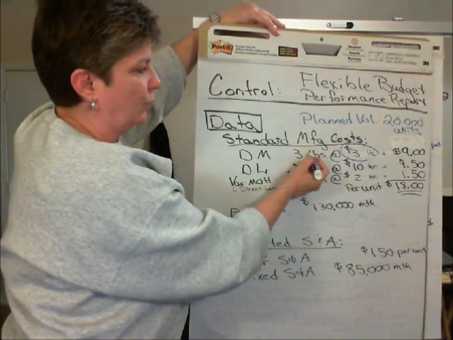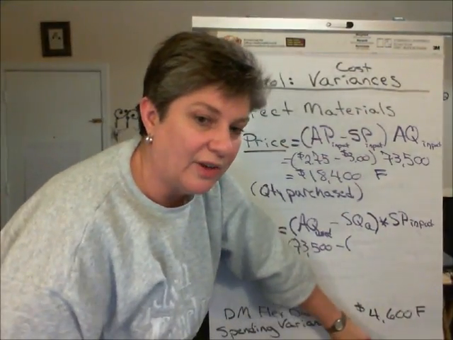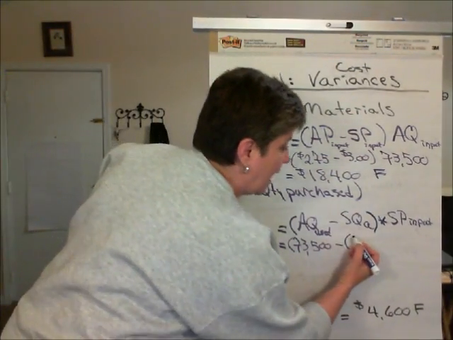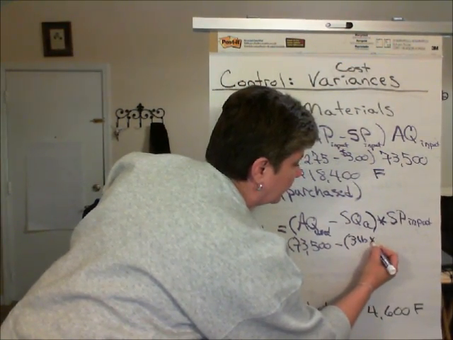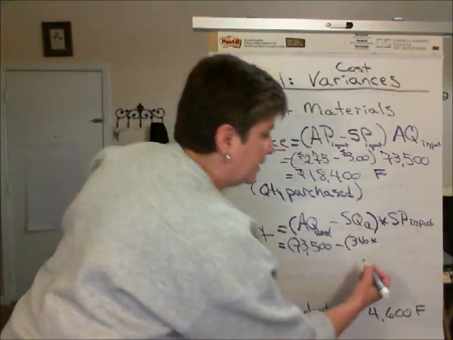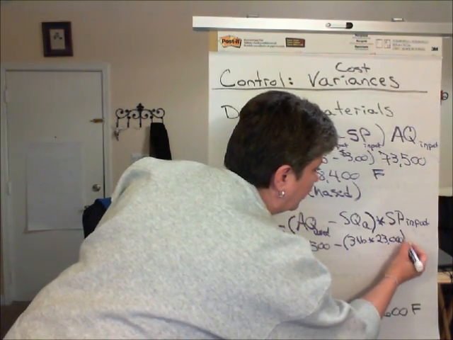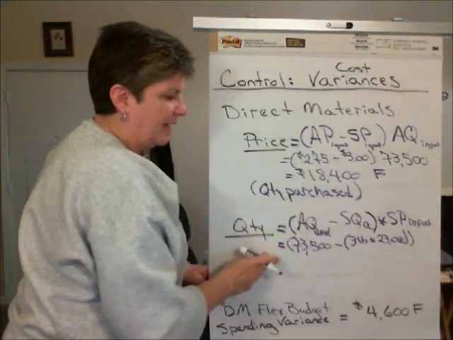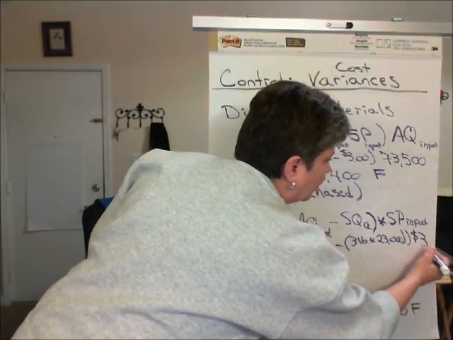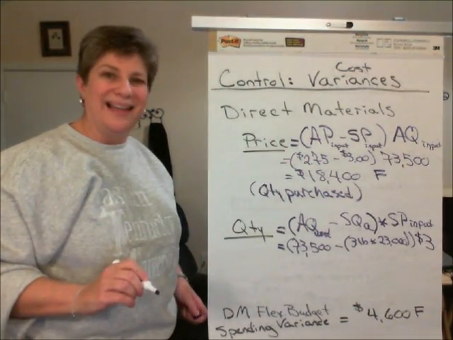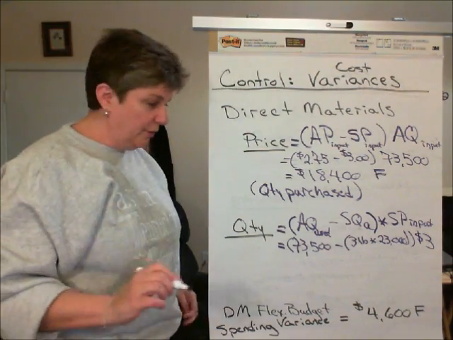So we take that 3 pounds per unit and multiply that times our actual output. So the standard quantity of 3 pounds times the 23,000 units we actually produced. And then that difference in quantities will be multiplied times our standard price of $3 per unit of materials.